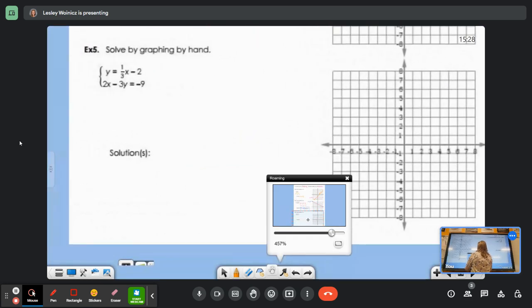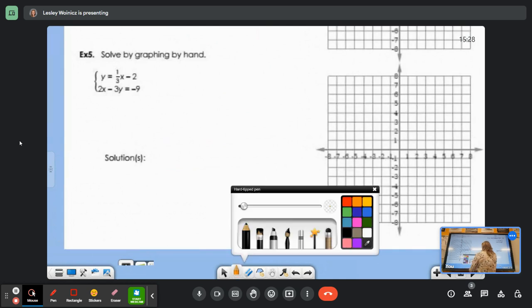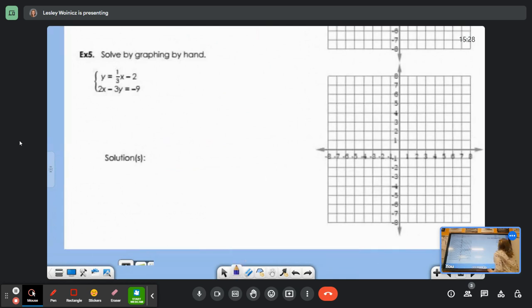Here we go. Last one. All right, my b value for equation 1 is -2. My slope is positive 1/3. I'm going to rise 1, run 3, all the way across.